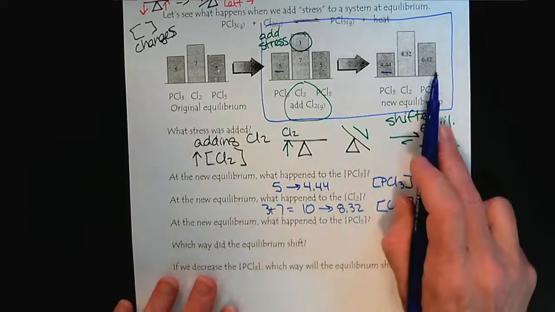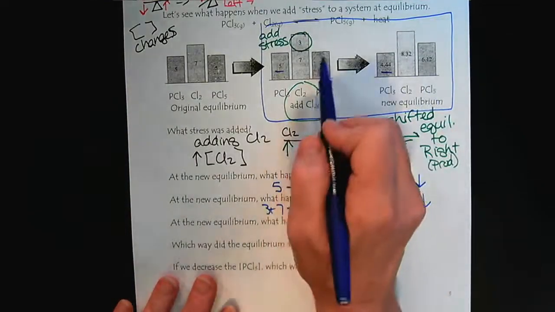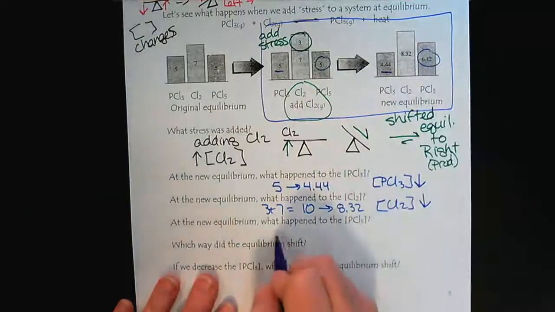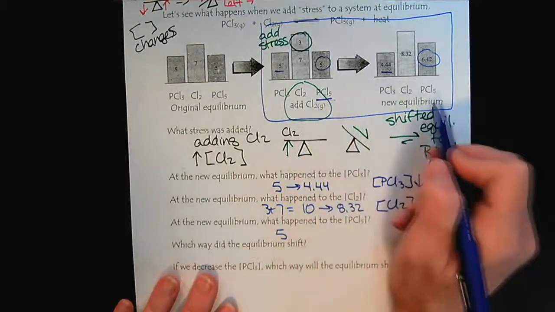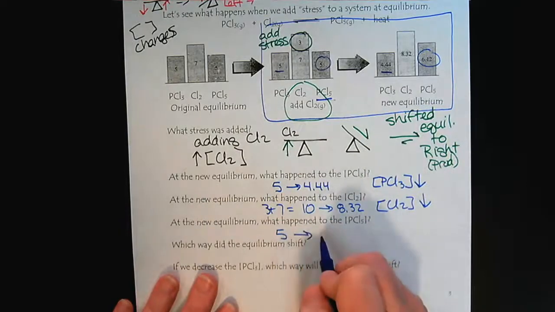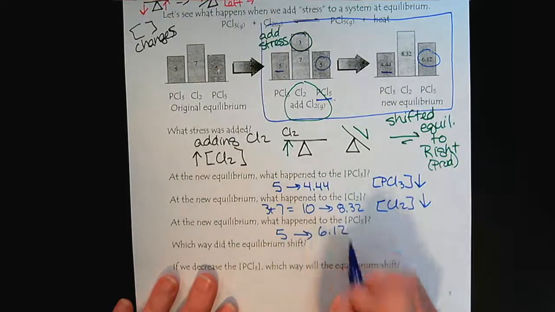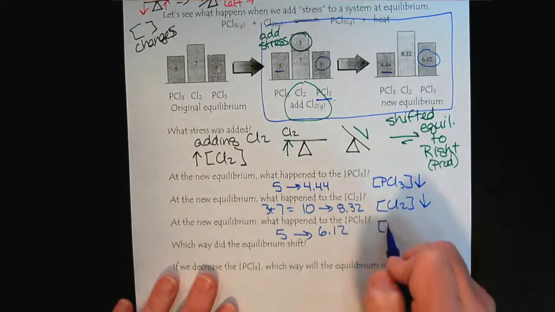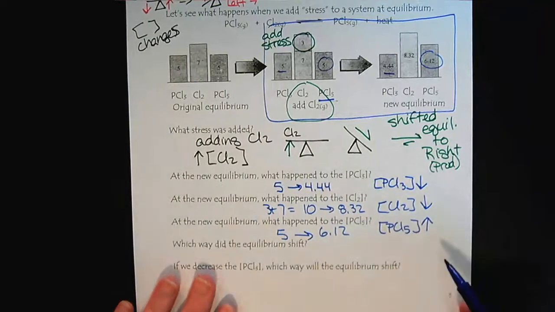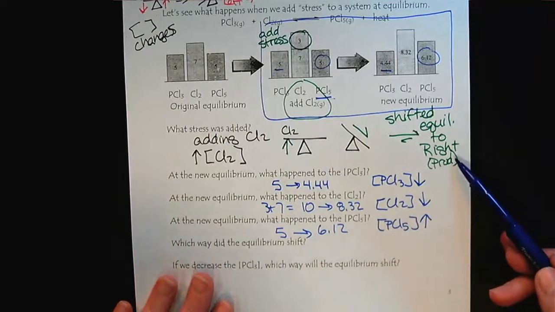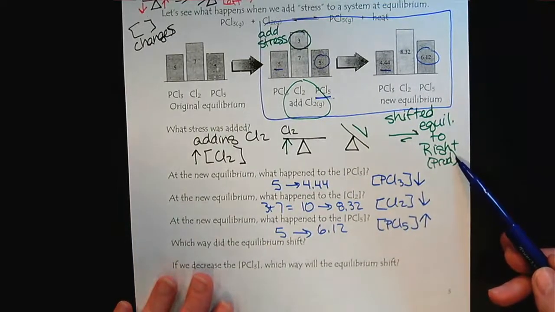And now if we look at our product, we started with a value of 5 for our phosphorus pentachloride, and once we've reached equilibrium, we're up to 6.12. So the concentration of our product has increased, which makes sense if the equilibrium is shifting to the right.